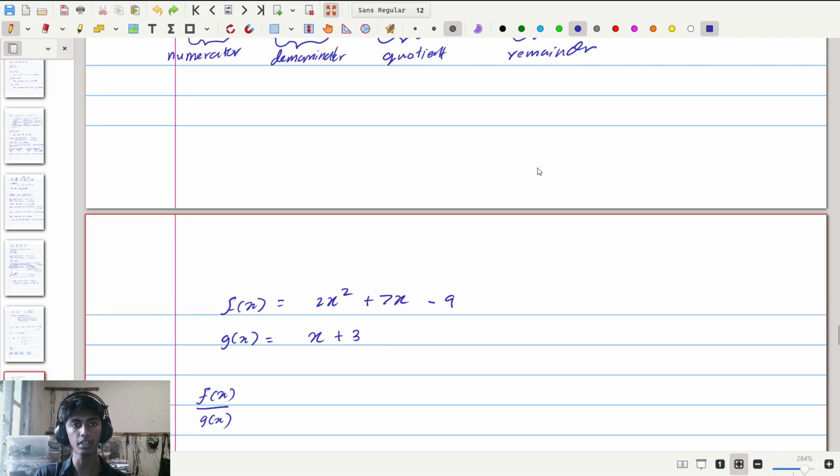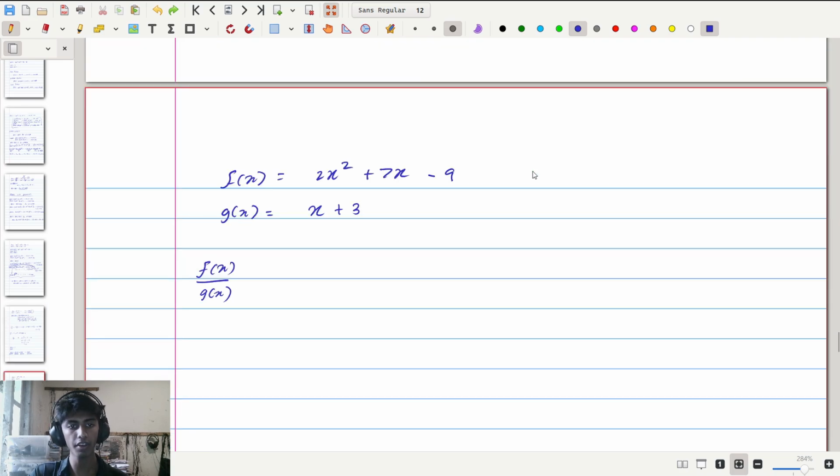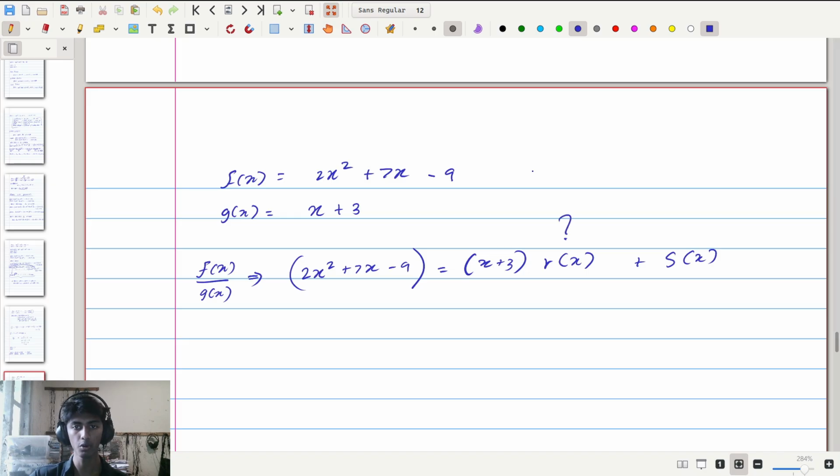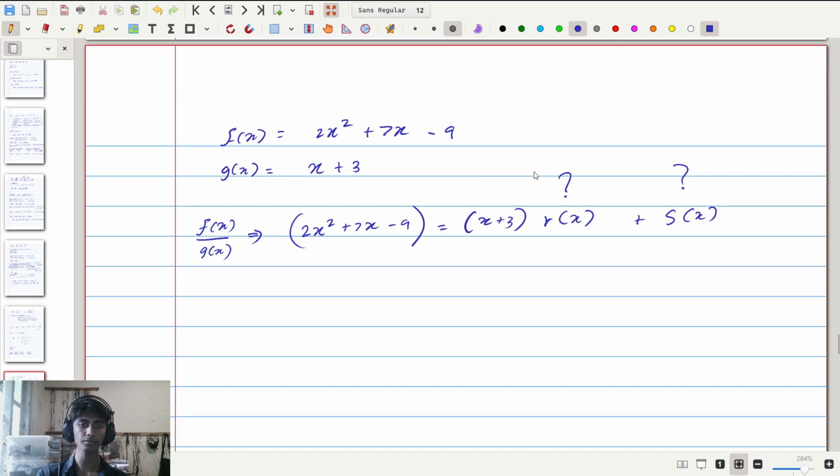So 2x squared plus 7x minus 9 is equal to x plus 3 times some r(x) which we want to find, plus some s(x) which we also want to find. What are these two functions?